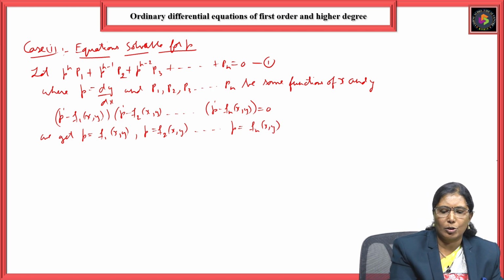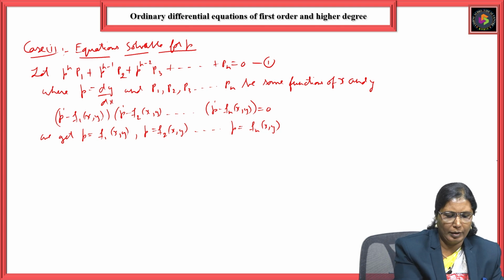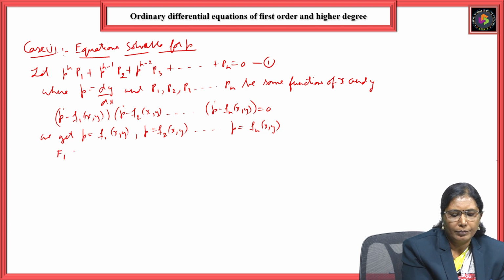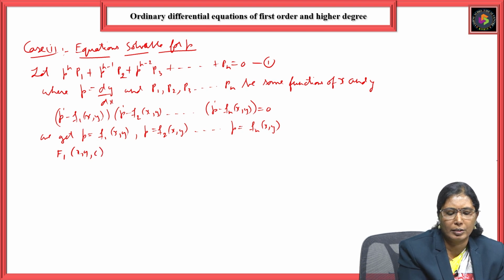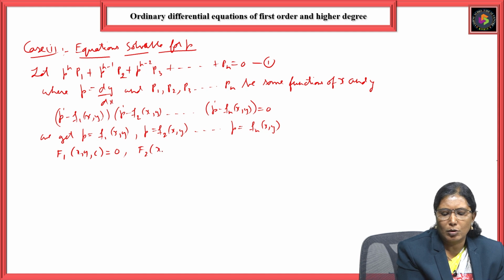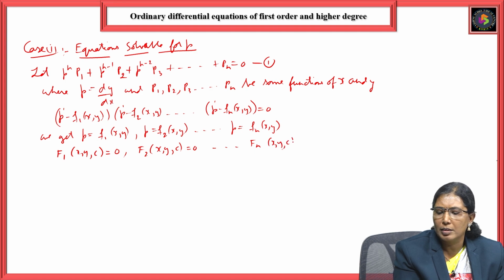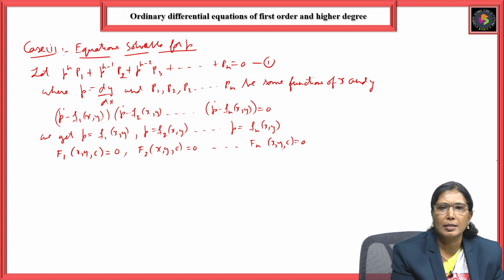Let the general solutions of these be f1 of x, y, c is equal to 0, f2 of x, y, c is equal to 0, and so on, fn of x, y, c is equal to 0, where c is an arbitrary constant.